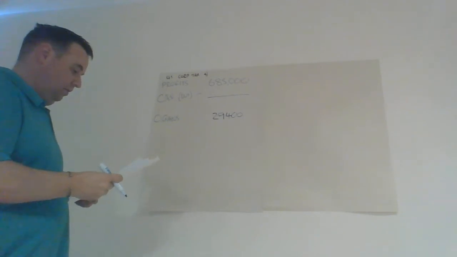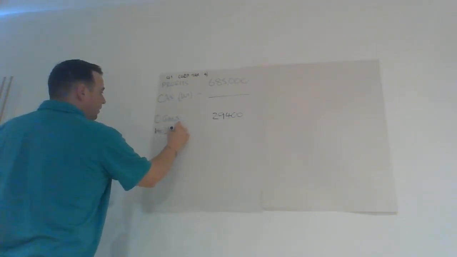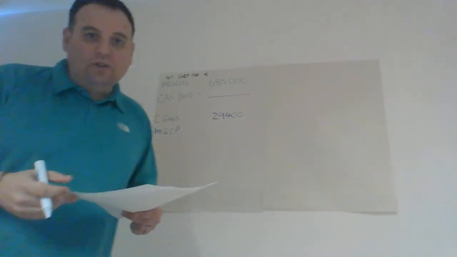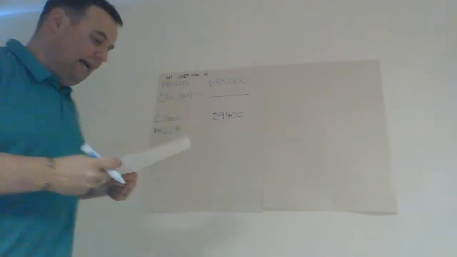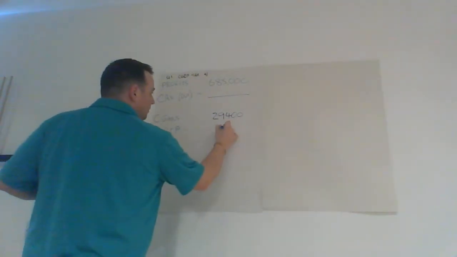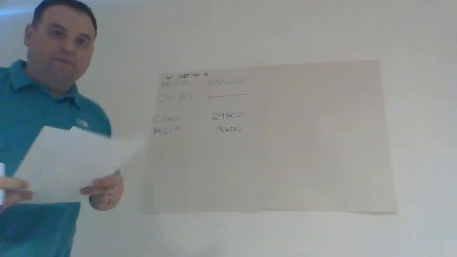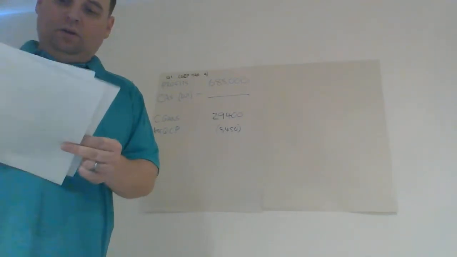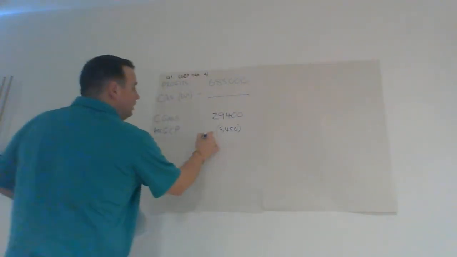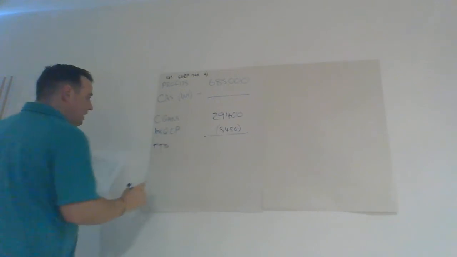Next, less qualifying charitable payments. Again, that number is in the question. We are given it as 8,450, minus. This will then total to TTP.